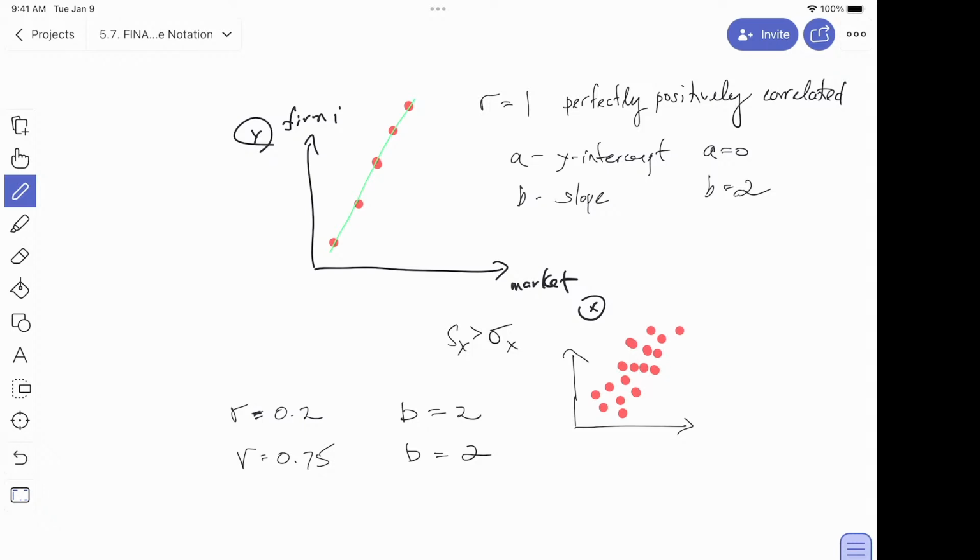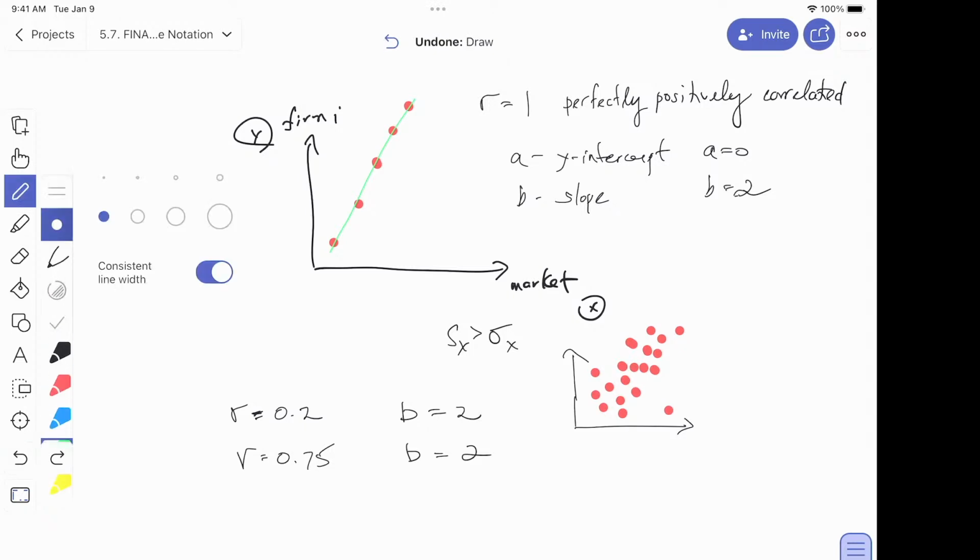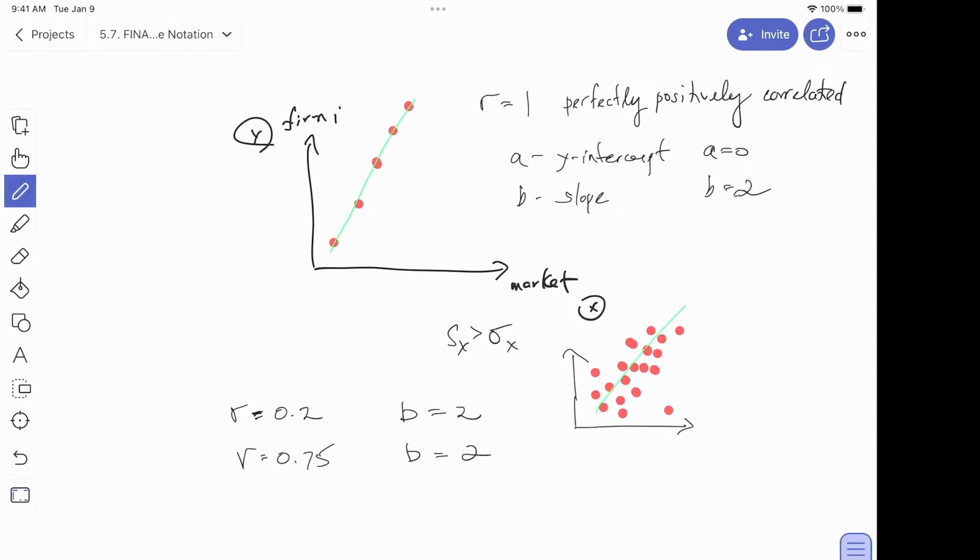Data can look like that, all scattered around. And the least squares regression line that goes through the data might still have the same slope as it had between these two. The slope is the same. It's the same slant. However, you feel more secure when R is 1 that the slope is actually double.